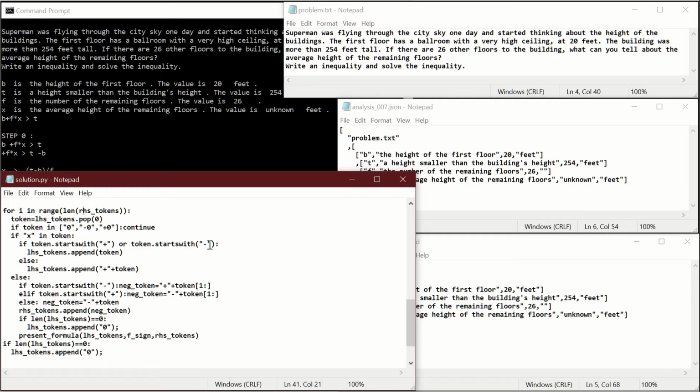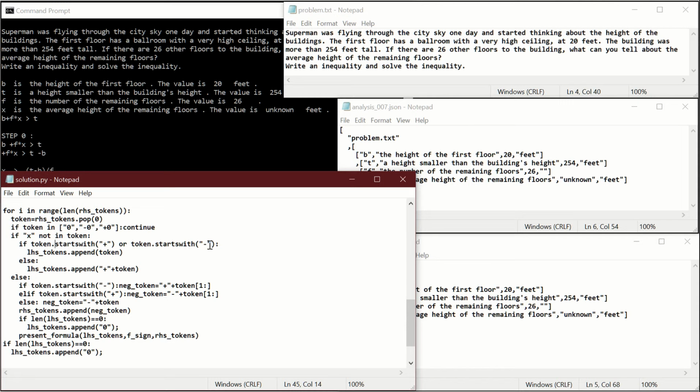So instead of taking the token from the left hand side, I'm taking it from the right hand side. I am checking if the token is 0 and I am discarding any movement. So that stays the same. Now, if x, it used to be x in token, but now since I'm on the right hand side, it's x not in token.